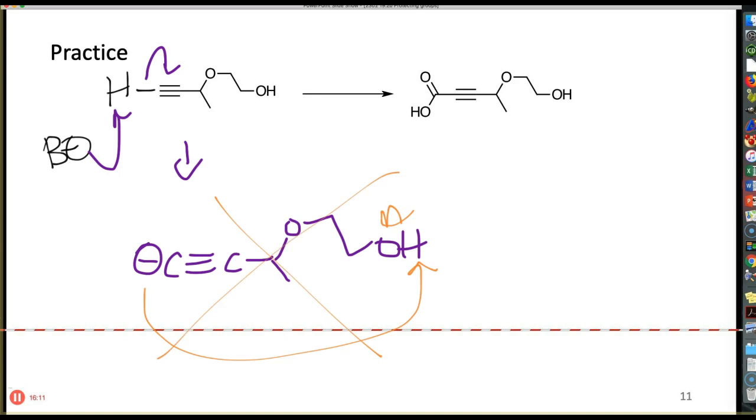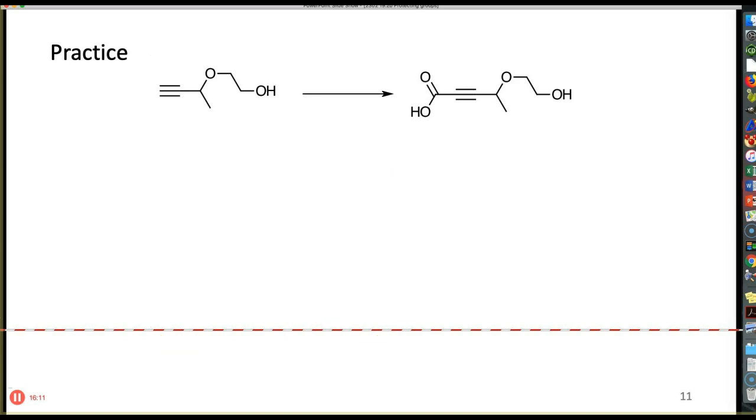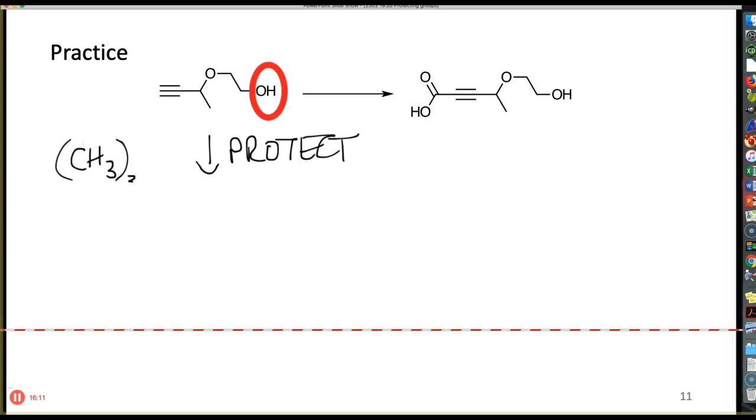So if I'm going to try and do this, the first thing I'm going to have to do is protect this guy. Let's use, how about TMS silyl chloride, and pyridine.